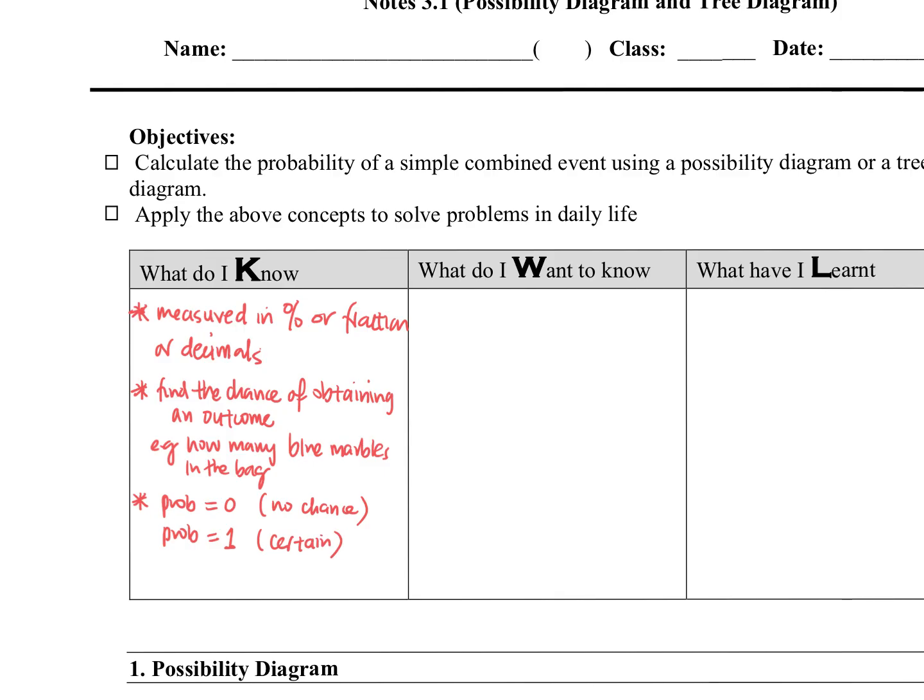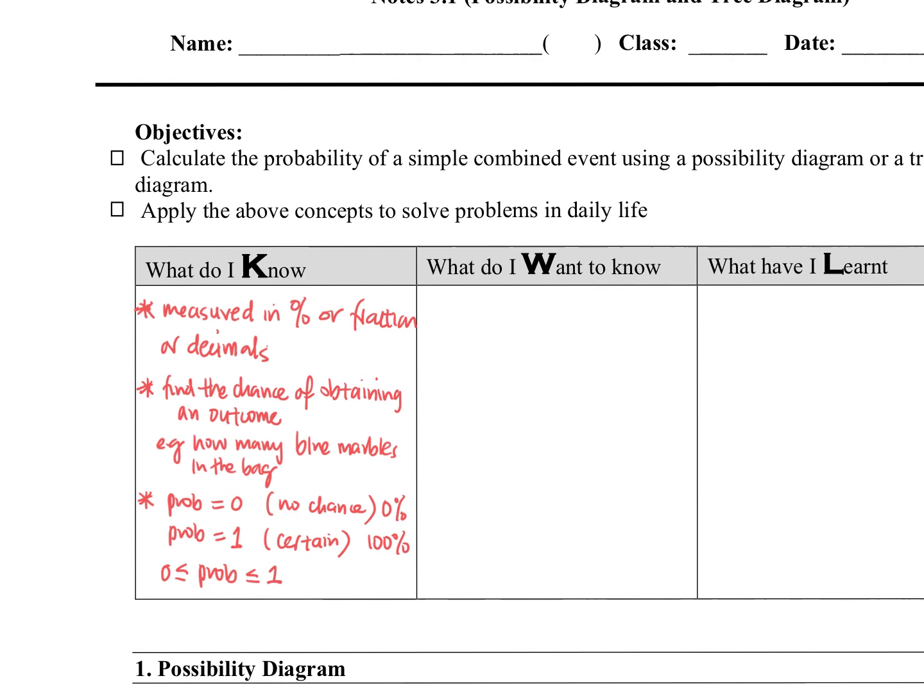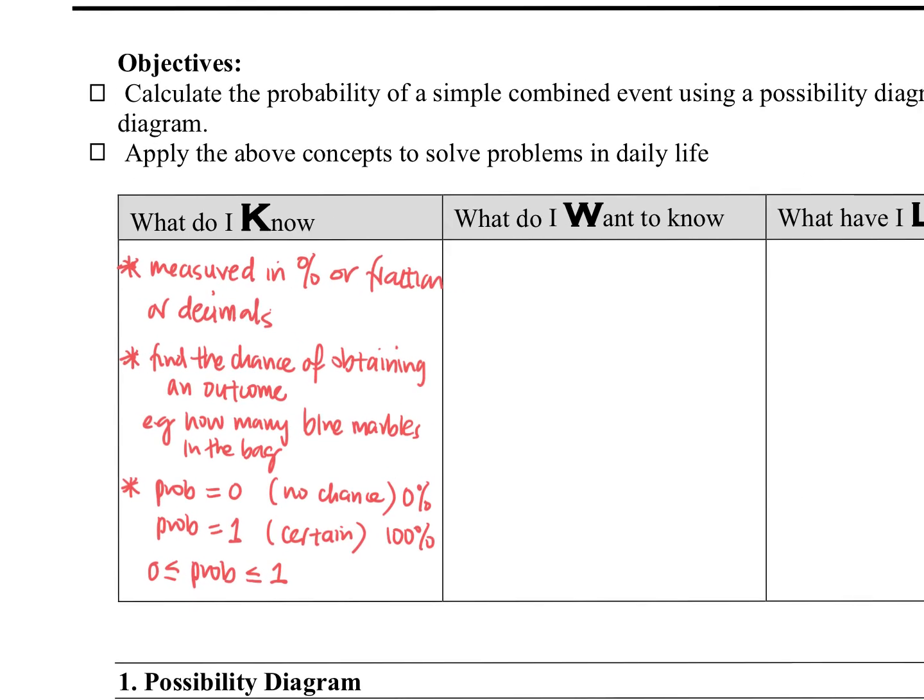So smallest probability 0, biggest 1. So we can say that probability is between 0 and 1. We can say it's 100% or 0%, but cannot go beyond that. Okay, so these are the things that you have learned in Sec 1.